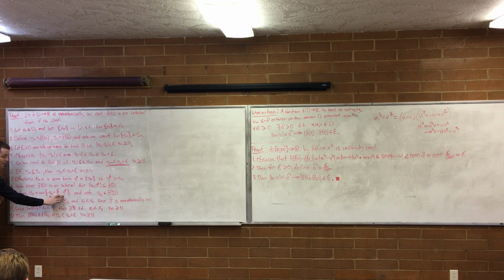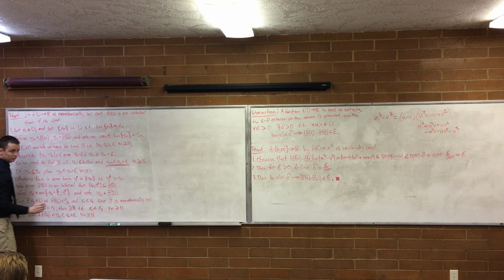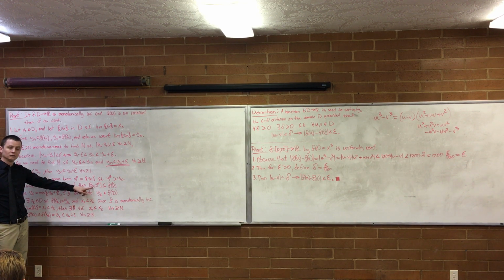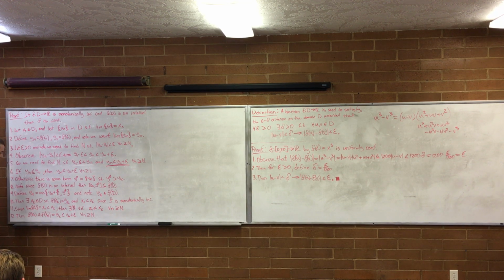And I know now that whatever this is, it's in this interval. So what's the minimum of these two things? It's one of those two things, whatever's smaller. I don't know what y star is. All I know about y star is it's greater than y naught.